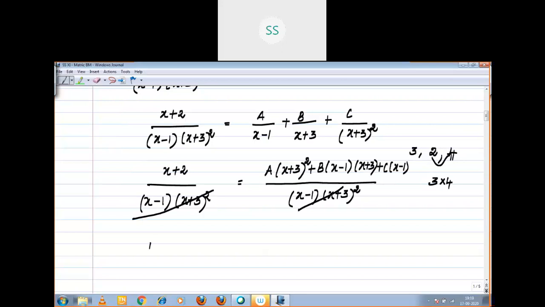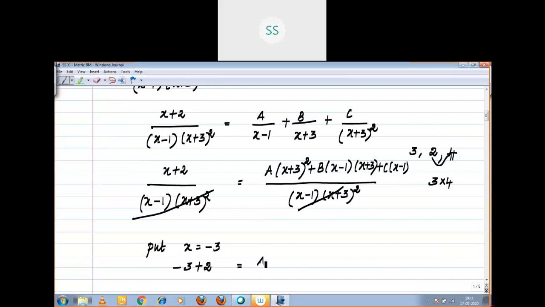Now put x equal to minus 3. If I substitute x equal to minus 3, a and b vanish. Minus 3 plus 2. If inside the bracket the number is positive, x should be assigned as negative. If inside the bracket the number is negative, x should be assigned as positive. Here x should be assigned as negative.